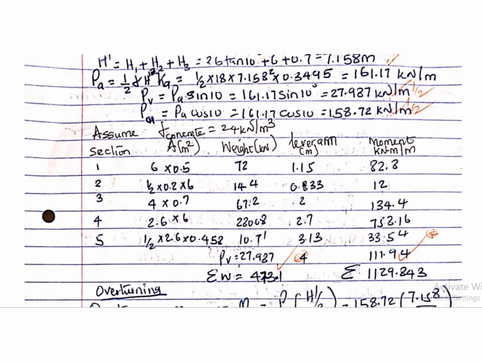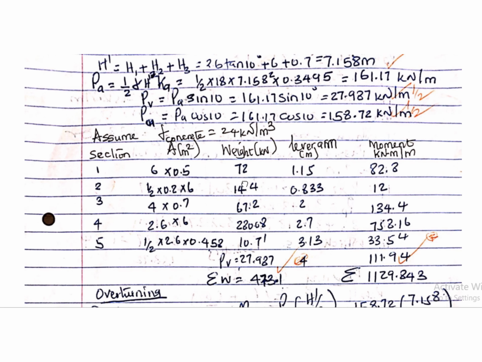Then because we are supposed to find the factor of safety against overturning, we are supposed to find the moment. So here we are only dealing with either horizontal forces or vertical forces, so you can find the moment. Because this is a gravity wall, you can divide it into sections as shown.